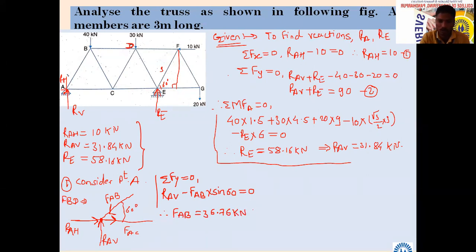So is it coming positive? What do we have to say? It is coming positive, which means whatever we have assumed is correct. Whether it is compressive or tension, whatever we have assumed is correct.